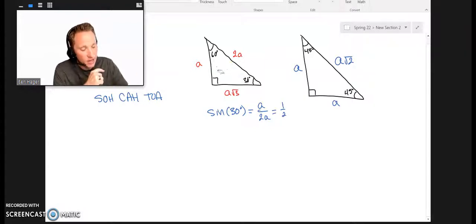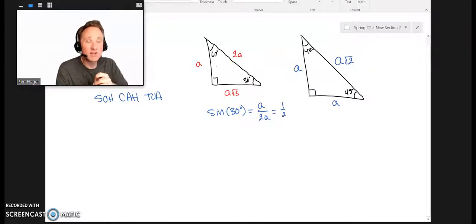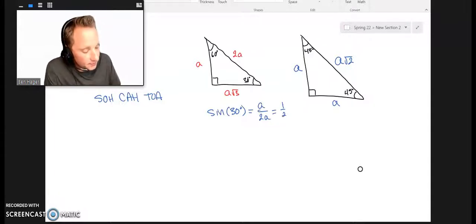But these guys are very common to use, and so we will save a lot of time if we can commit them to memory. Now, memorizing things is very challenging for many folks, myself included. The unit circle is a fantastic way to memorize and be able to figure out all the trig function values for these common angles around the entire circle. Okay, so for all these common angles between 0 and 360 degrees.